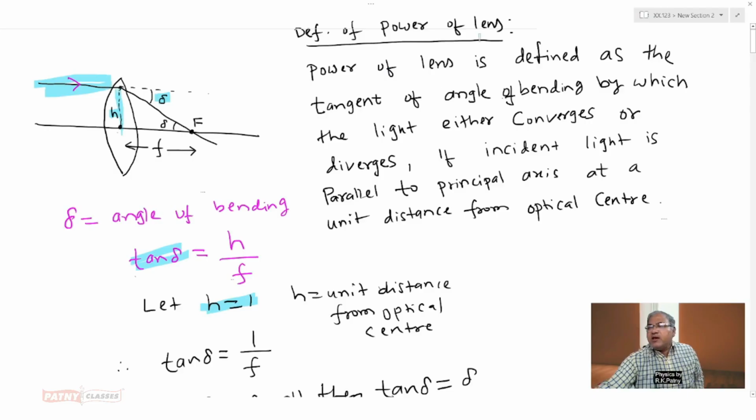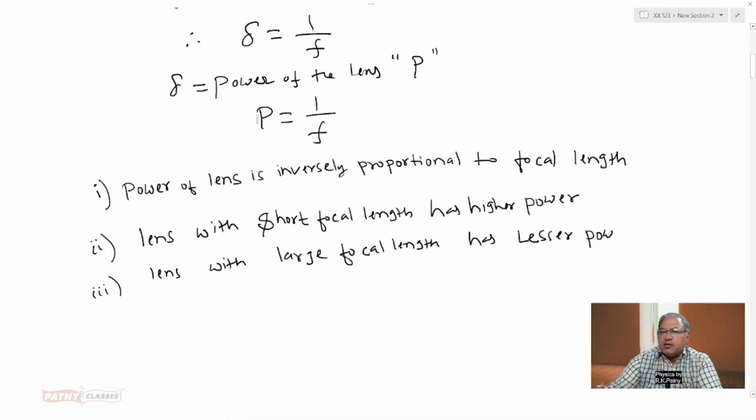So let us finally read the power of a lens. Power of a lens is defined as the tangent of the angle of bending by which the light either converges or diverges if the incident light is parallel to the principal axis at a unit distance from the optical center. It is clear that P equals 1 upon f. So power of a lens is inversely proportional to focal length. That is the first observation.